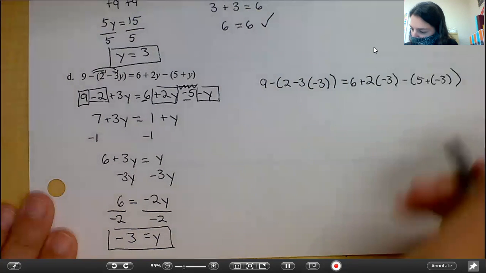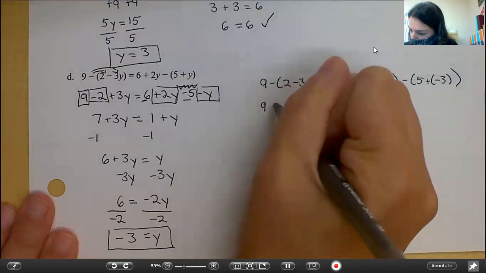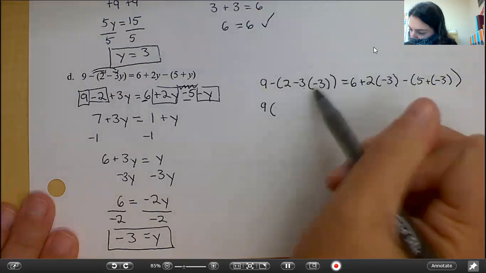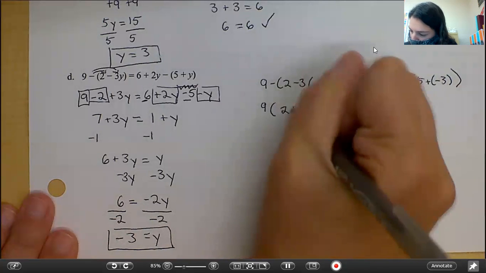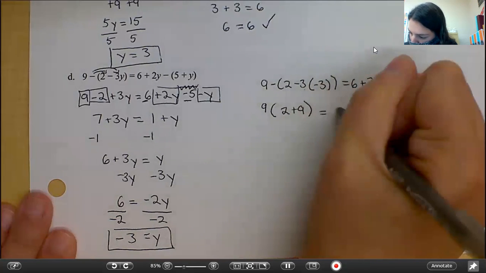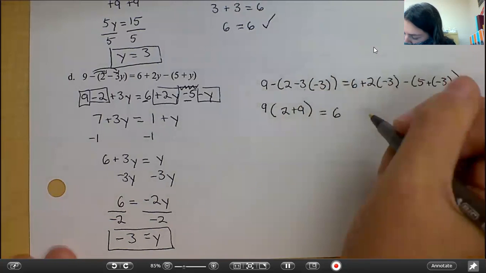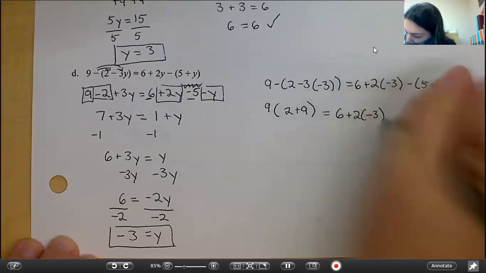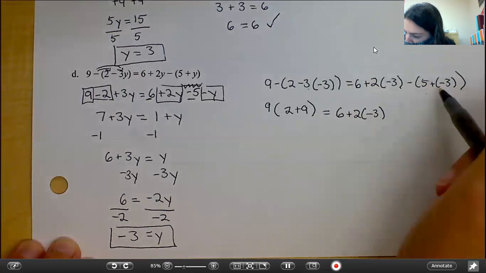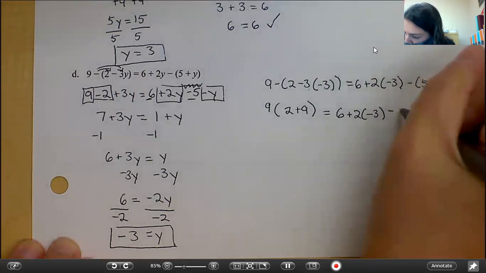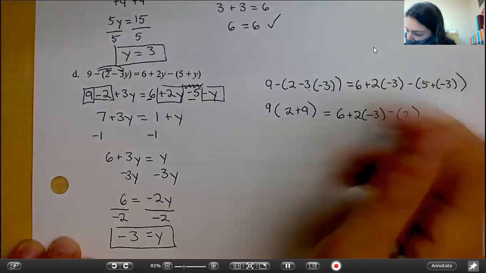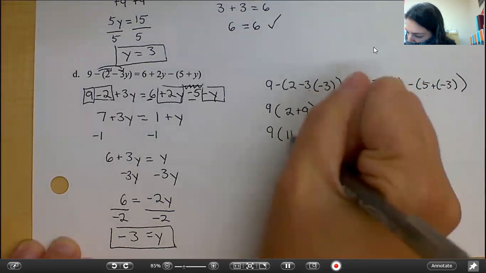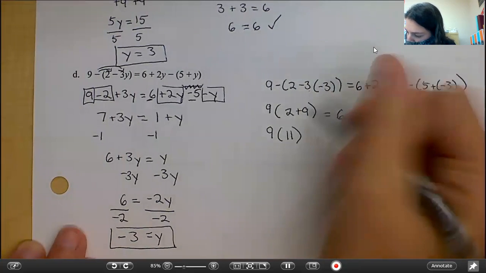So now we need to follow the order of operations. 9 minus 2 plus 9 equals 6 plus 2 times negative 3, because we have to do inside the parentheses first. 5 minus 3 is 2. 9 plus 2 is 11.